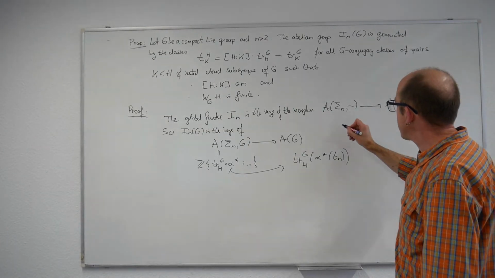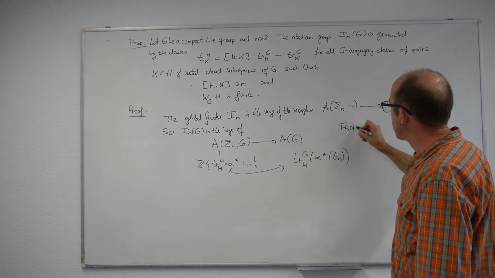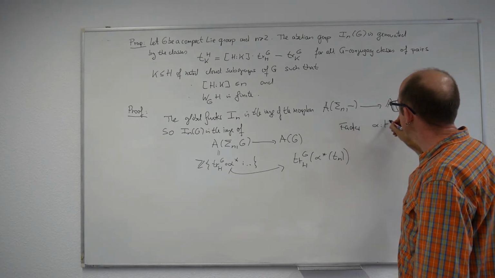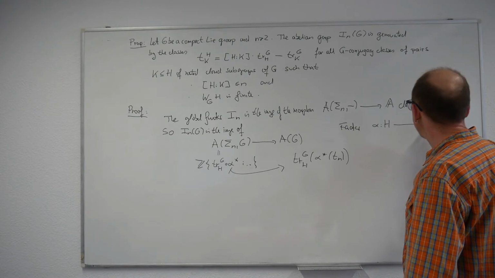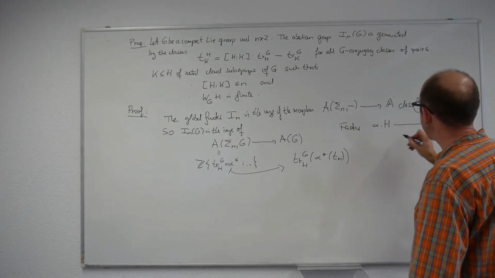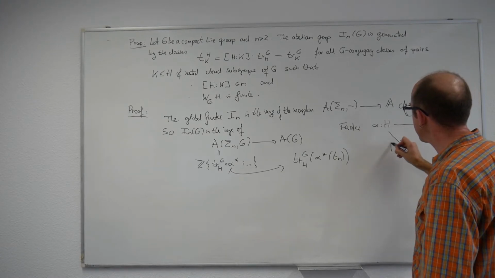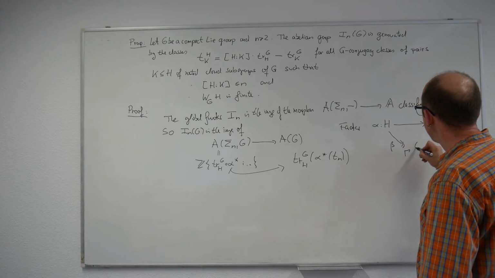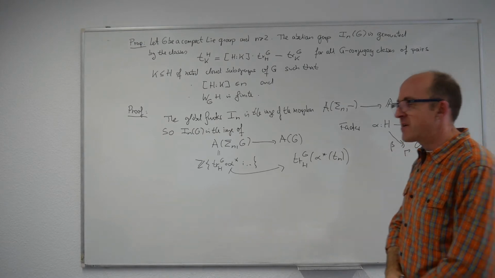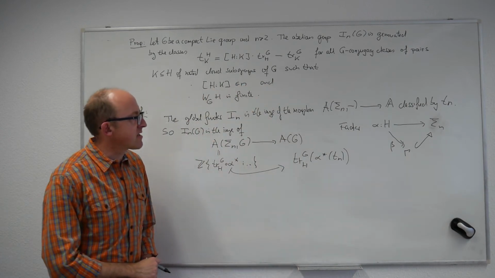So let us factor alpha, which is a continuous homomorphism from H to sigma n, through its image. So I'm going to factor this as a surjection that I call beta onto a group gamma that is just a subgroup of sigma n, that's the image.